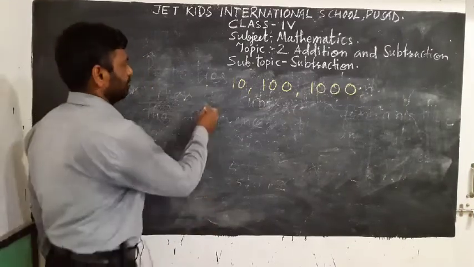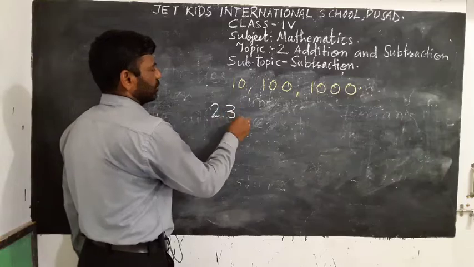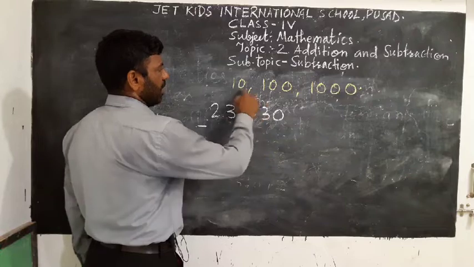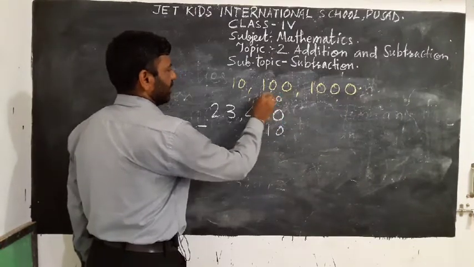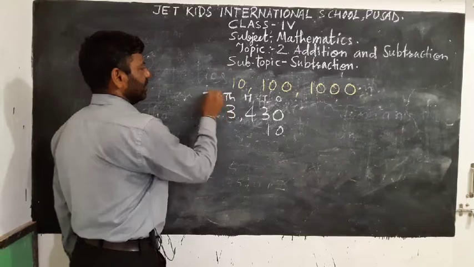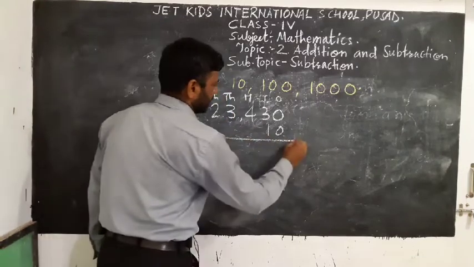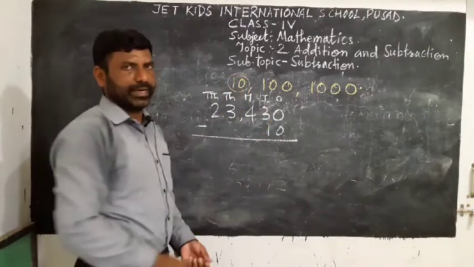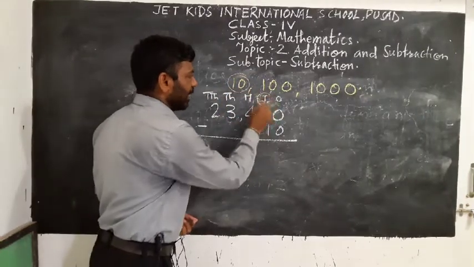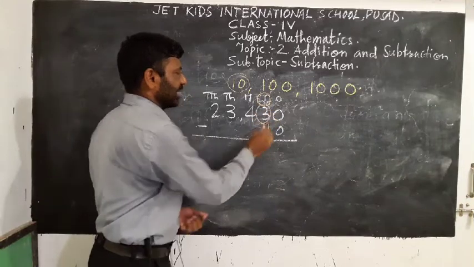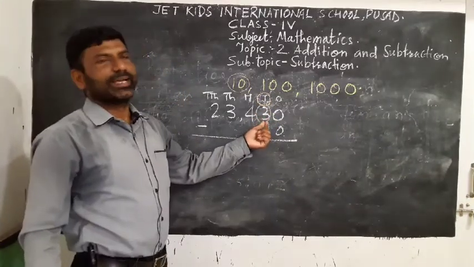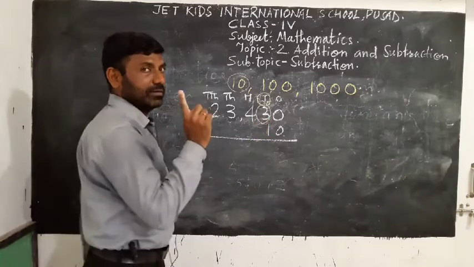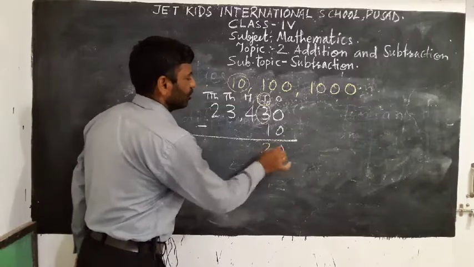Suppose a number is 23,430 minus 10. This is ones place, tens place, 100 place, 1000 place, 10,000 place. Subtraction of 10 from a number: the tens place number, which is 3, will decrease by 1. 3 minus 1, 2.